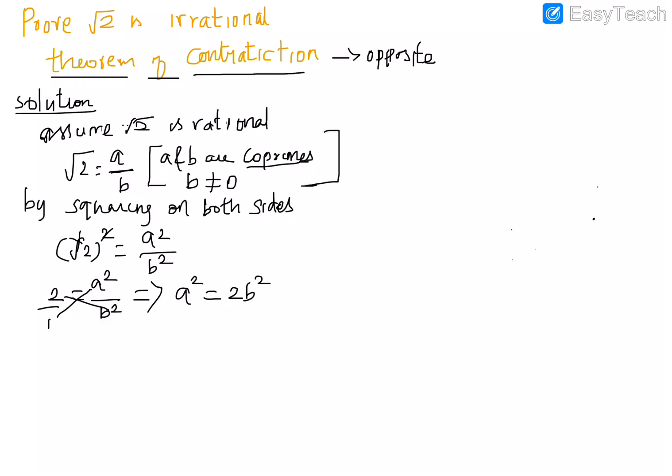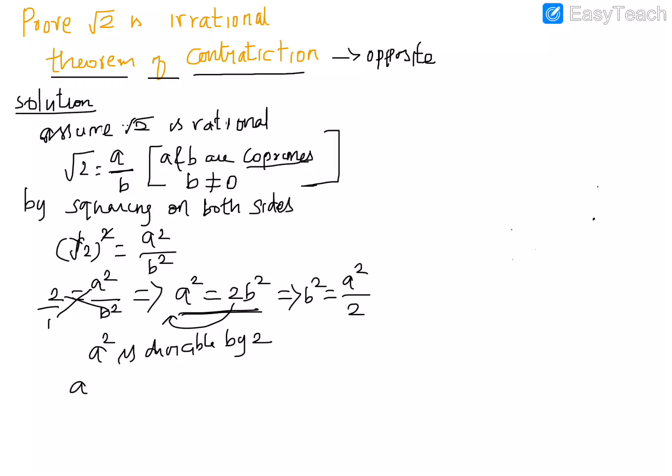So from the same expression, we are able to tell a square is divisible by 2. From this expression, how can we write it? b square equals a square by 2. So a square is divisible by 2. We can tell this, and let me find out if a is divisible by 2 or not.